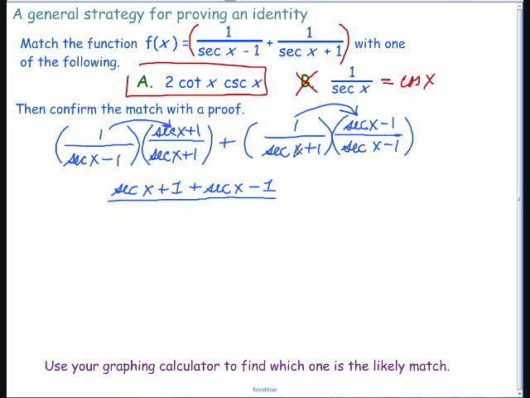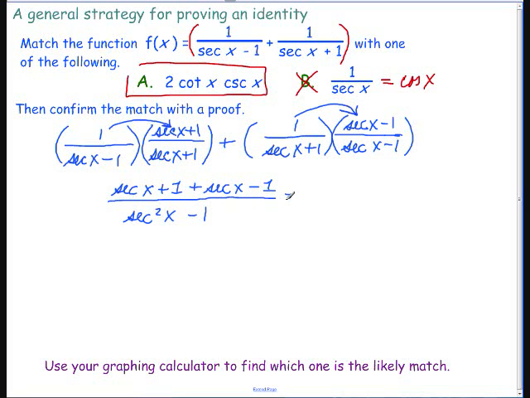When we multiply these together, if we FOIL it, we get secant squared x, and our inside and outside will cancel out. I'll have a positive secant x, negative secant, that'll give me 0. And then I'll have a plus 1 times the minus 1, that'll be minus 1.